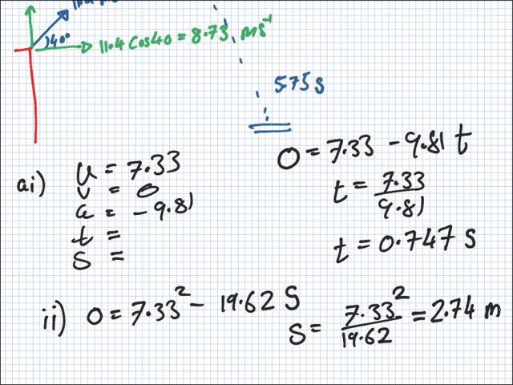Now, part 3. They're asking you for something, but they're asking in a weird way. Determine the distance the stone falls from its maximum height until it hits the beach. So what are they looking for here?